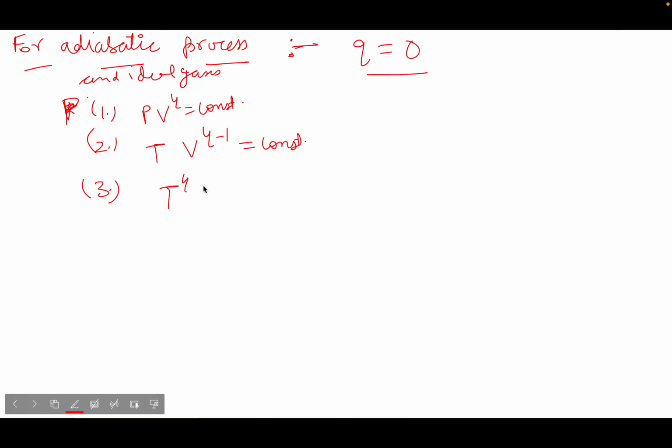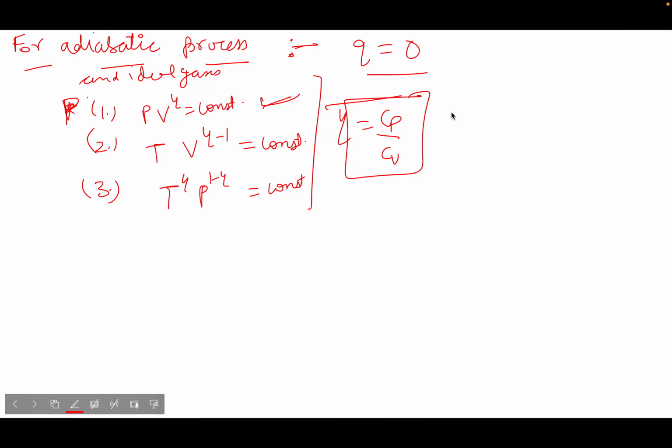T to the power gamma, P to the power 1 minus gamma is equal to constant. So these are the three relations. They are all derived from this one. And what is gamma? Gamma is Cp upon Cv. For a monoatomic gas, gamma is equal to 1.66, and for diatomic, gamma is equal to 1.4. Now, what is the work done?